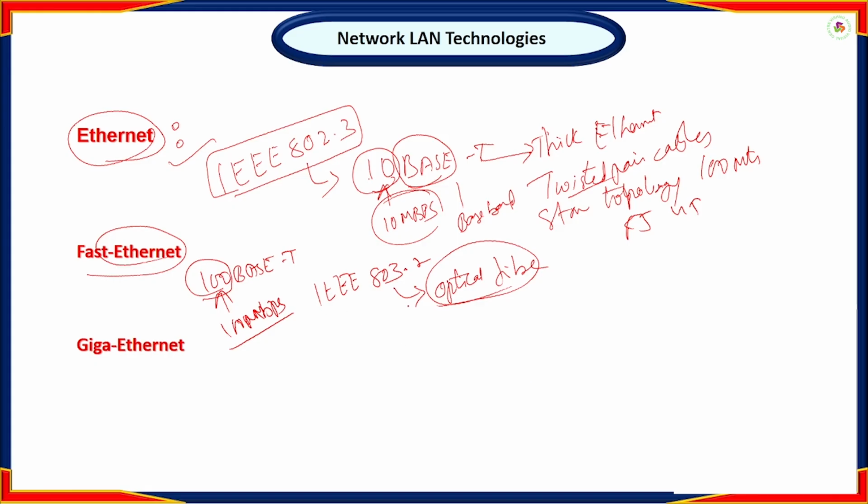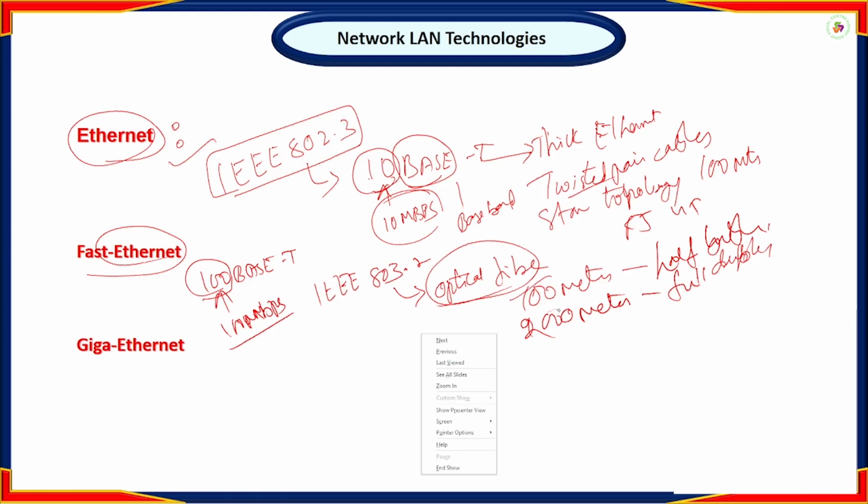The length should be 100 meters for half duplex, and 2000 meters for full duplex. For half duplex, one-way communication, we can go with 100 meters. For full duplex we can go up to 2000 meters, using optical fiber cable.